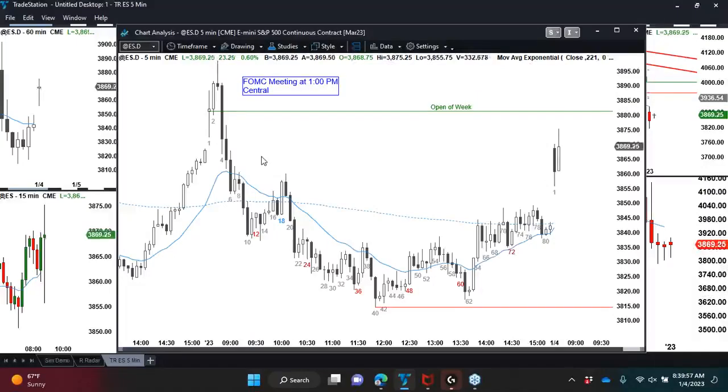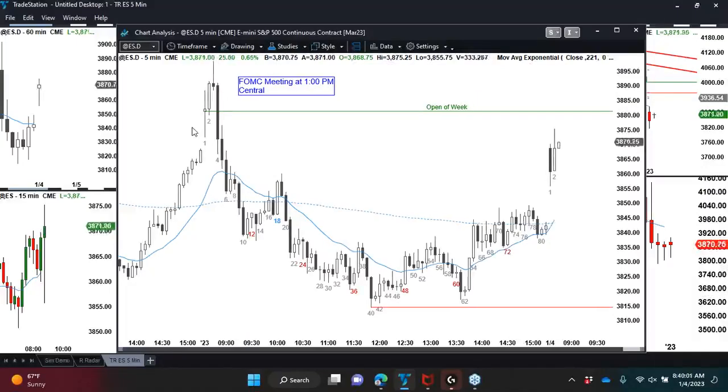It's really easy to get trapped and take a bad trade. Because the bars are typically big on the open, it's very easy to make a mistake, take a big loss, and not be able to recover from it before the end of the day.